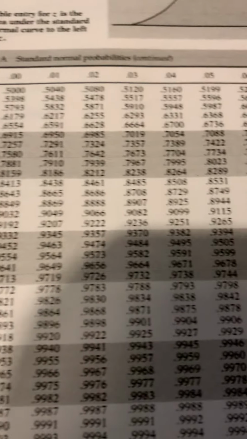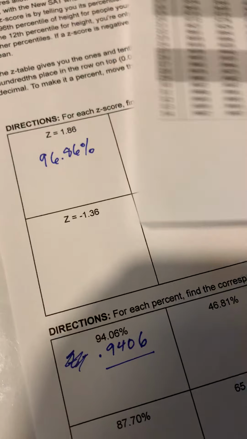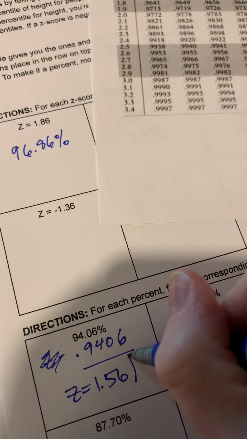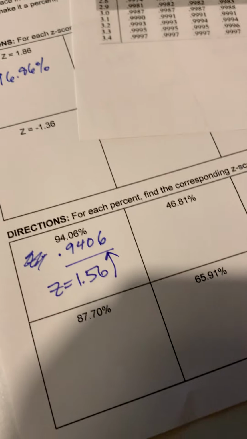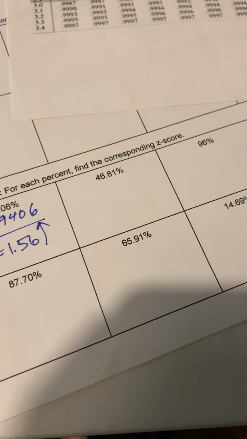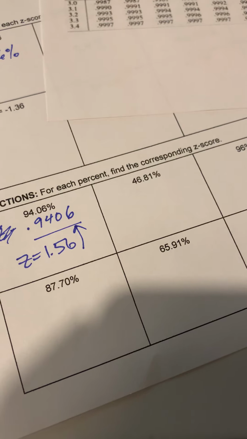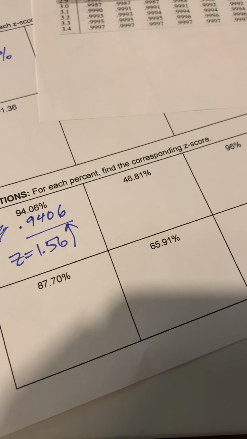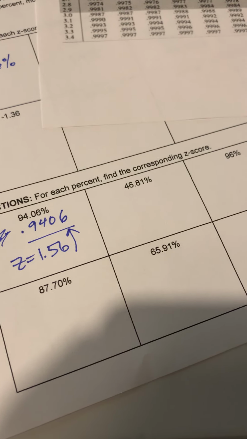So 1.56 is the z-score that has a percentile of 94.06%. The trick to this one is remembering first convert to your decimal, and then second figure out which z-chart you should be looking at.